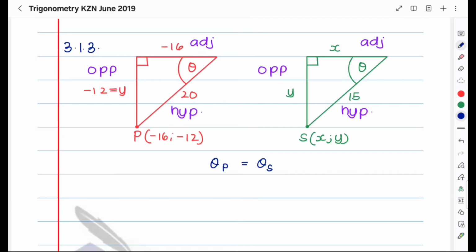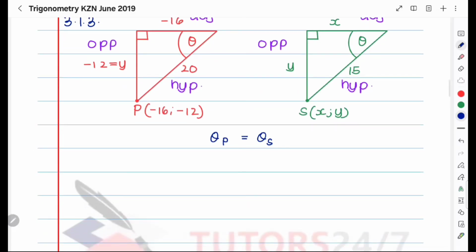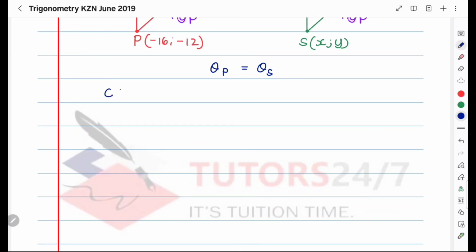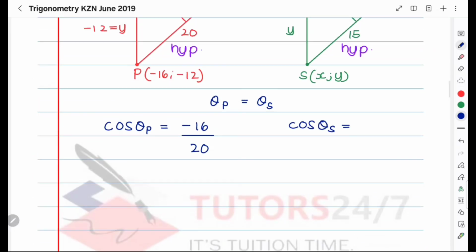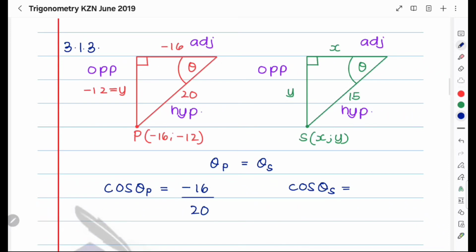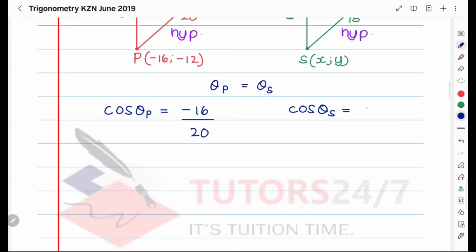So to find x, we are going to use the cos ratio. So I'm going to say cos of theta for the red triangle, for the triangle with point P, is equal to negative 16 over 20. And cos theta for the triangle with point S is equal to the adjacent, which is x, over the hypotenuse, which is 15.